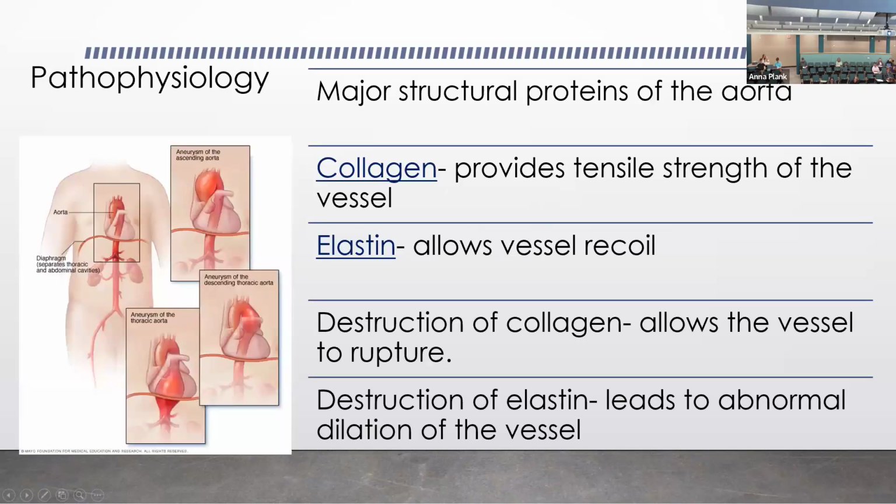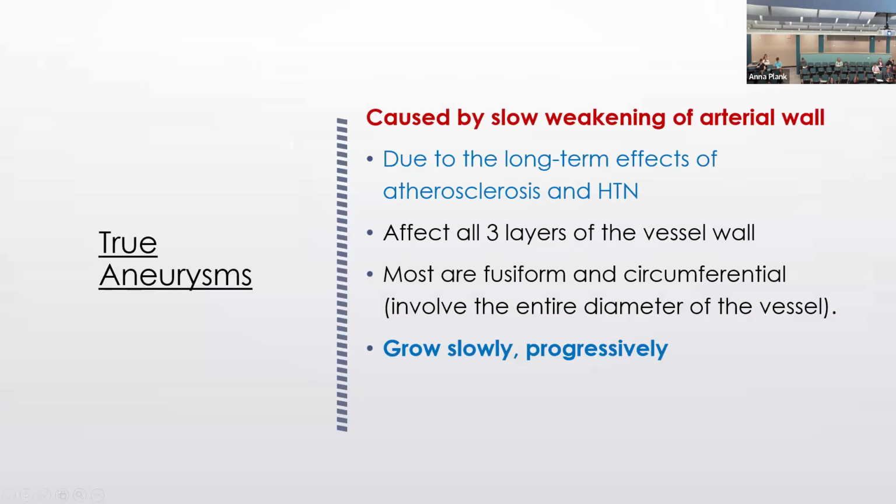When you look at the structure of your aorta and arteries, you've got collagen and elastin. The collagen keeps it strong and holding in one spot, and the elastin, obviously elastic, allows it to stretch. When those two things start to get compromised, that's what leads to these pouches.